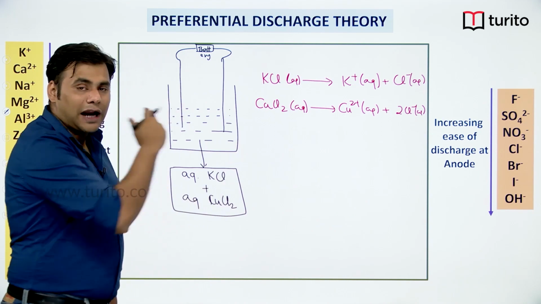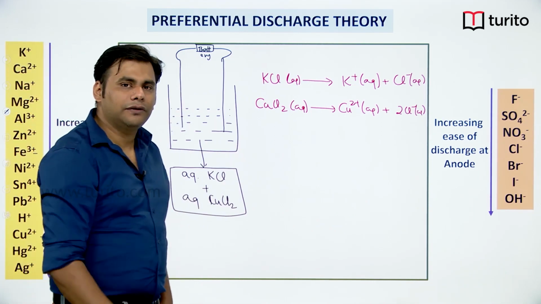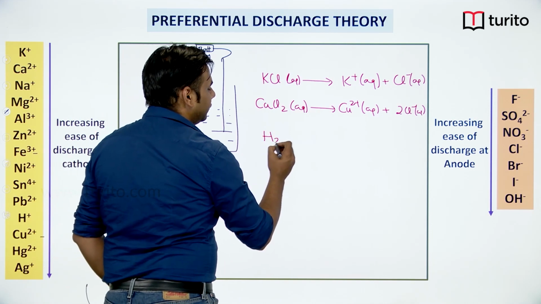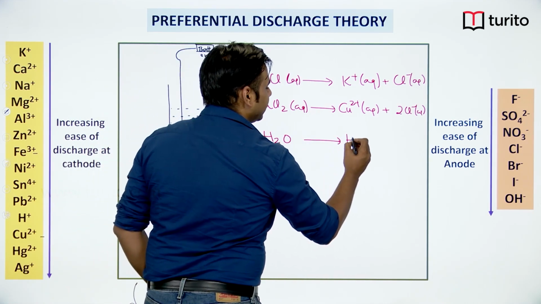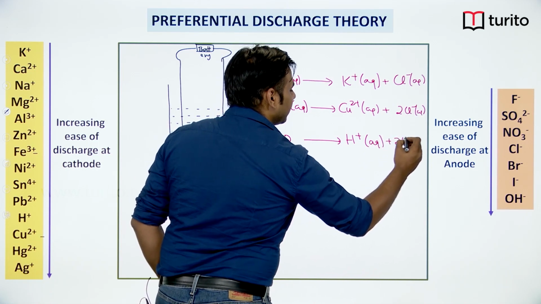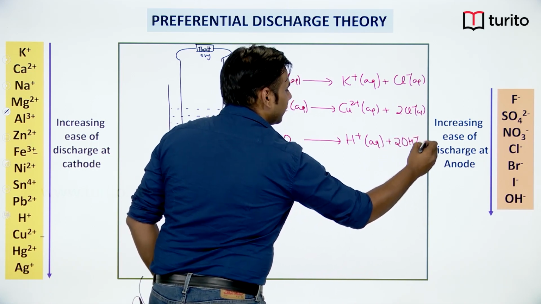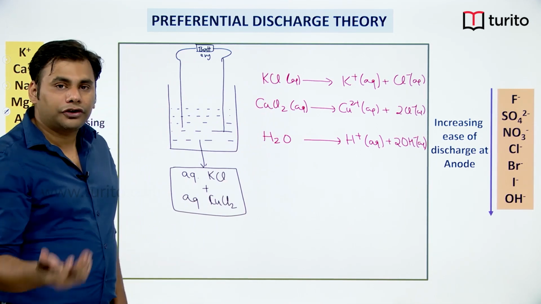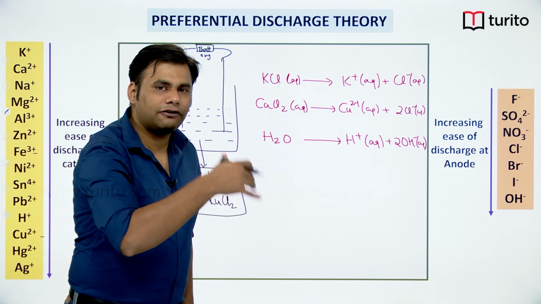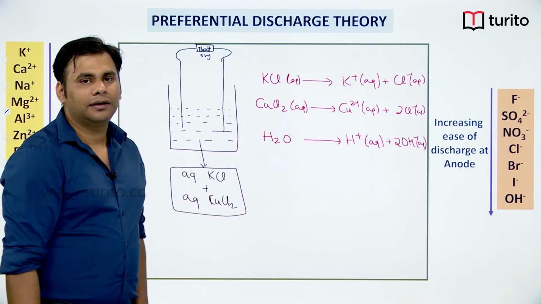Now because it is an aqueous solution, it will definitely contain water. So water will also dissociate into H plus and OH negative. So the question will come over here, which cation would be deposited first at the cathode.